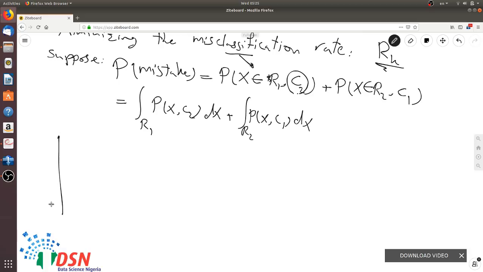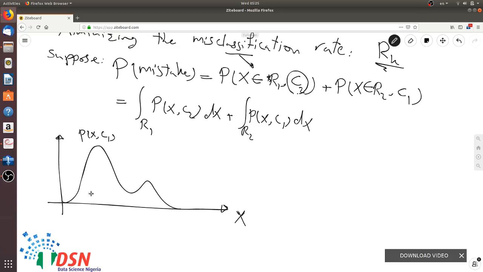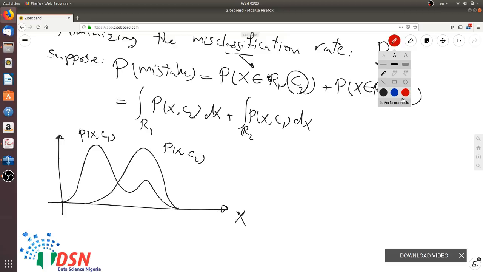Maybe it is better to show that in one image. If this is X, and this is the joint probability of X and C1, and this is the joint probability of X and C2, and we call this X hat, which is our threshold, it specifies the decision boundary.